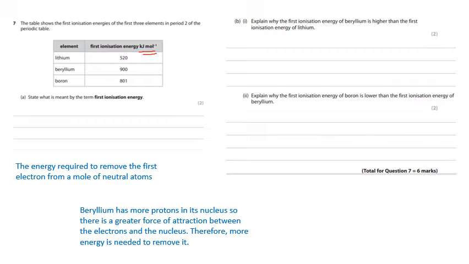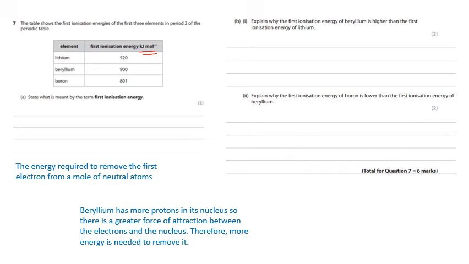Yeah? So beryllium has got more protons in its nucleus, so there's a bigger force of attraction between the electrons, because they're negative, and the positive nucleus. Therefore, you'll need more energy to take away that electron. Okay, because there's a bigger force of attraction between the electron and the nucleus.